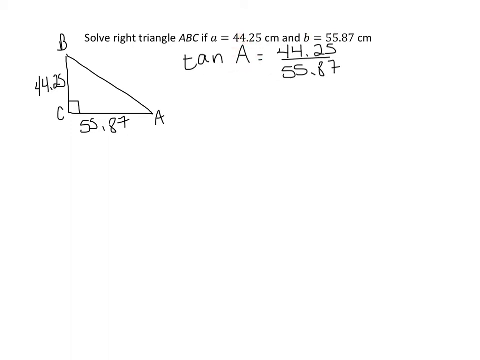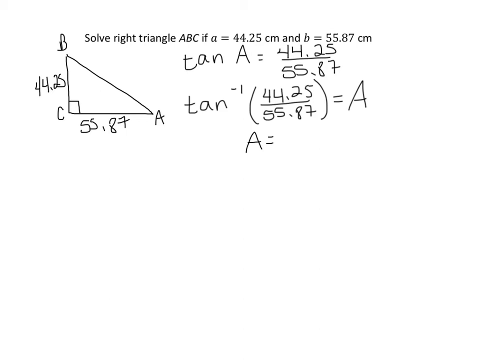To find the angle, I need to use the inverse function. So I take the inverse tangent of my ratio, and that will give me the angle. I get that angle A is equal to 38.380.